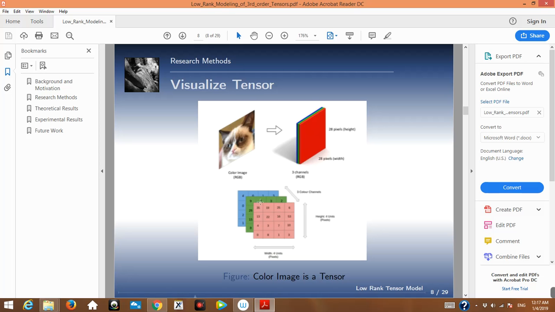Therefore, it is very natural to use 3 slices to represent this color image. You can see that here we have 3 matrices, which can be stored as a third-order tensor.